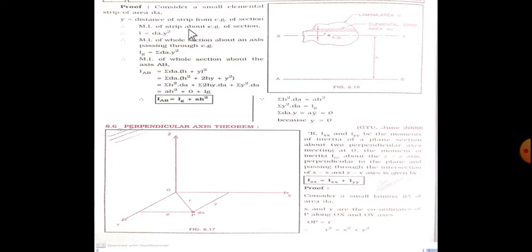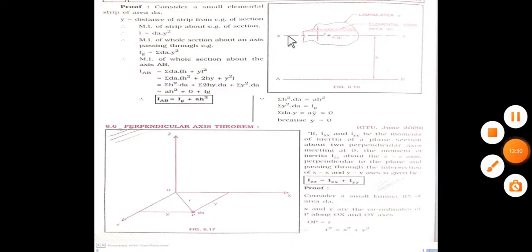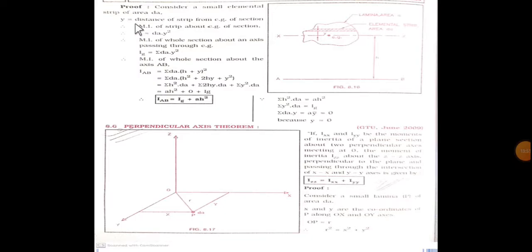Now, here we have the proof of that particular case. This is our small element having some area. This is our strip. So consider a small element strip of area dA. Y is equal to the distance of the strip from the CG.